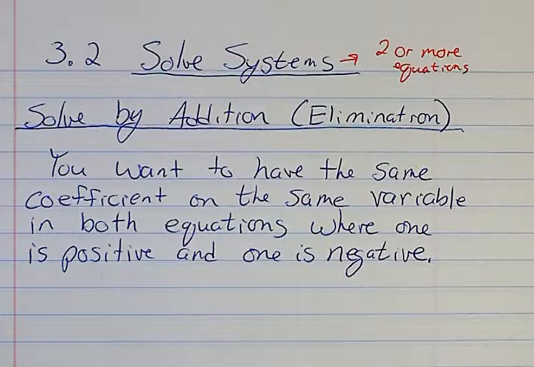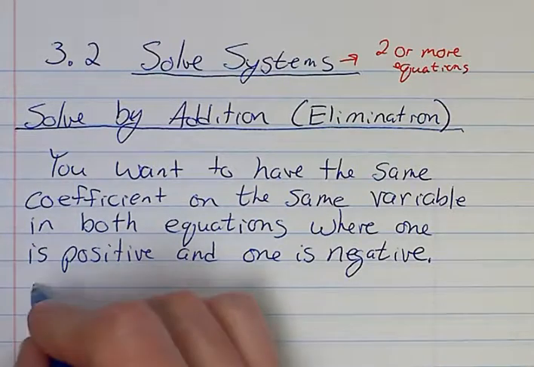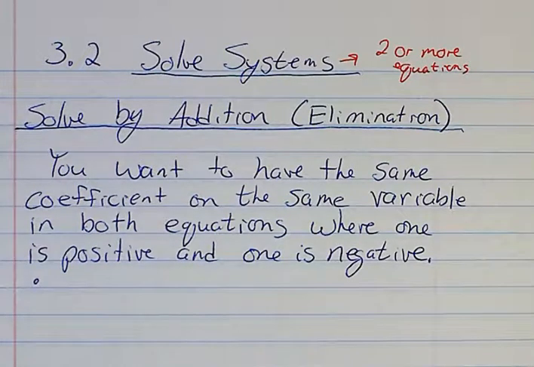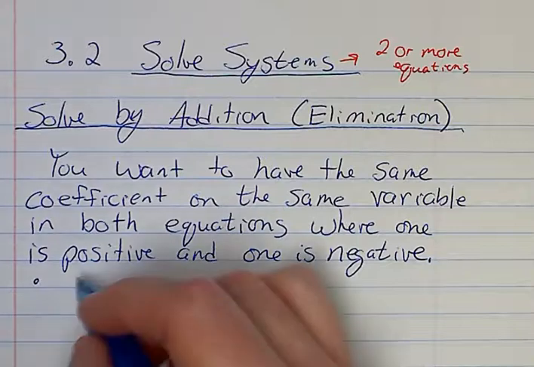Okay, now once you get this done, and we're going to talk about this in a couple different ways of how to get there. And it really kind of changes from problem to problem, so that's kind of what we're looking at, and we'll add some things in. Once you've got it where that's the setup, what you're going to do is you're going to add the equations together.